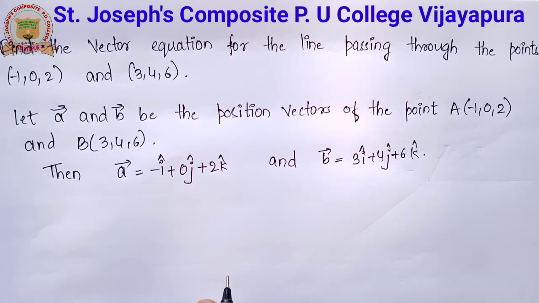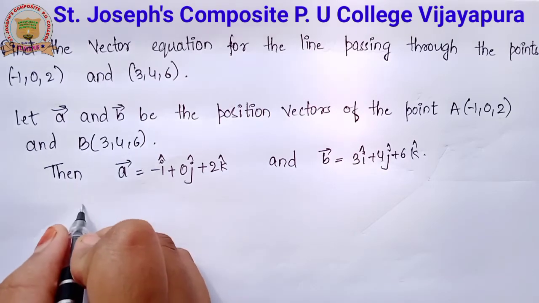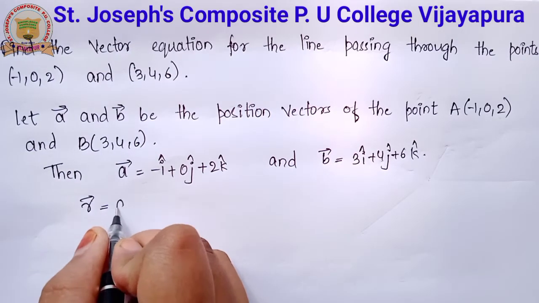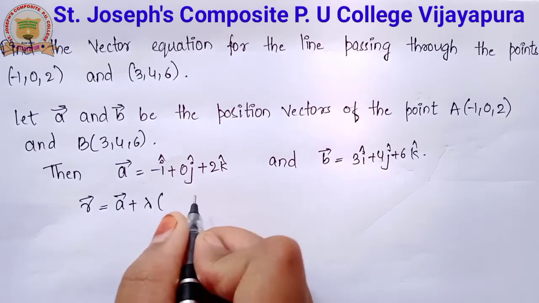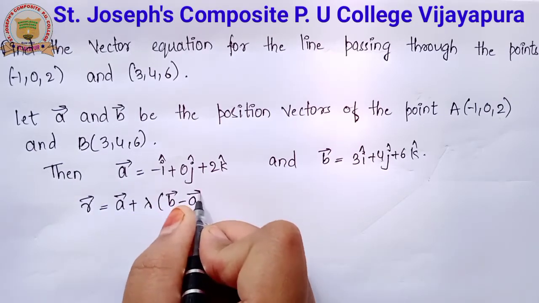And we know the equation of the line passing through two given points in vector form is r vector is equal to A vector plus lambda times (B vector minus A vector).